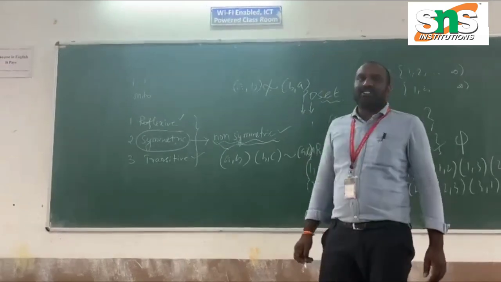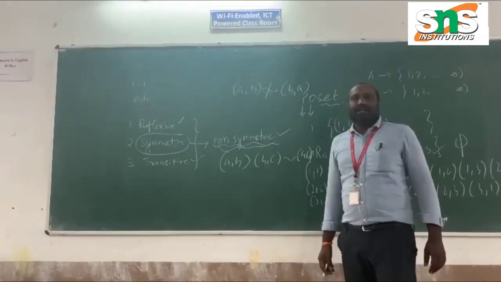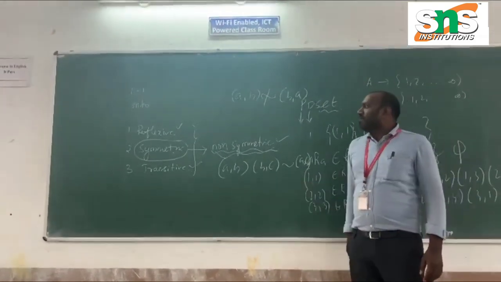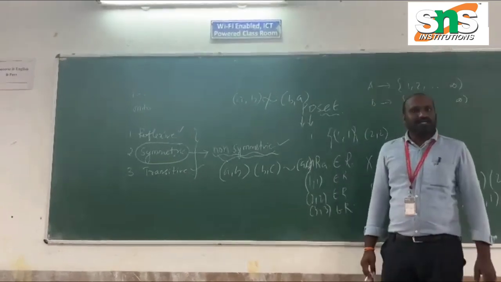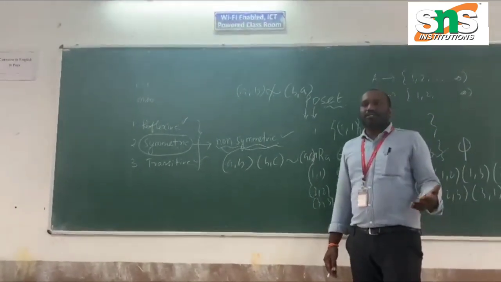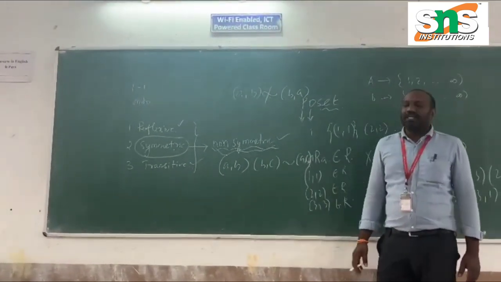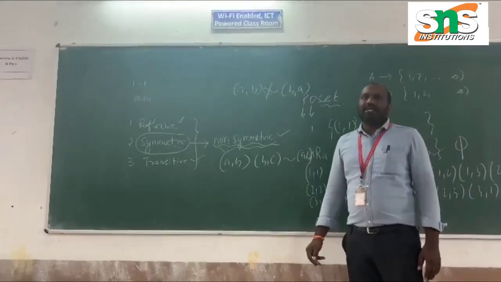This condition is satisfied, so it is called transitive. With these basic conditions we use the partially ordered set. This is a very big tool in Gen AI for lattice and Boolean algebra.